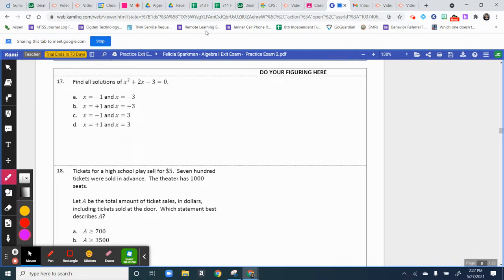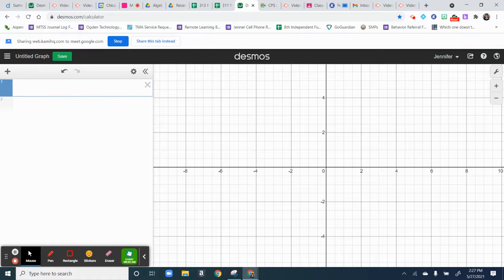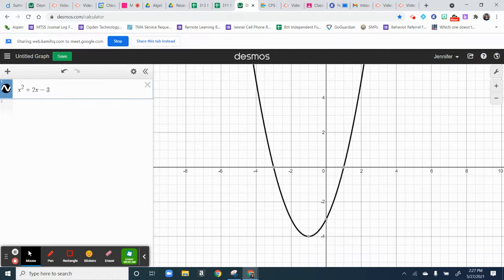All right. So here again, find all of the solutions when this is equal to 0. We're going to graph it. And we're going to see what happens when it's equal to 0. So give me 1 sec to put the equation in and then I'll share the tab. So x squared plus 2x minus 3.